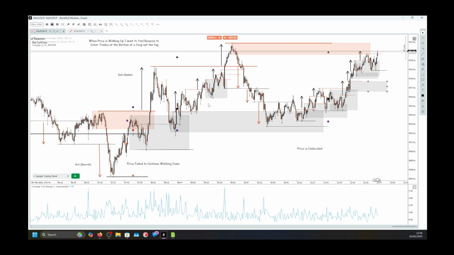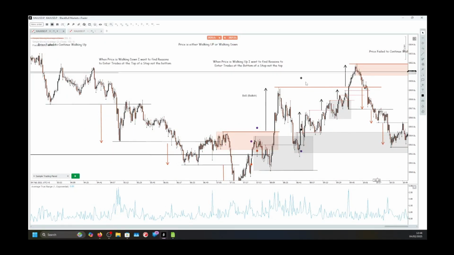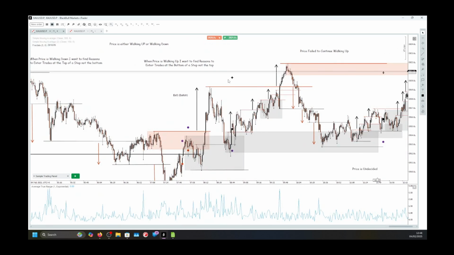I mean, like the trade I took here, my target was higher than the swing. It's always better to have a target at the swing high.